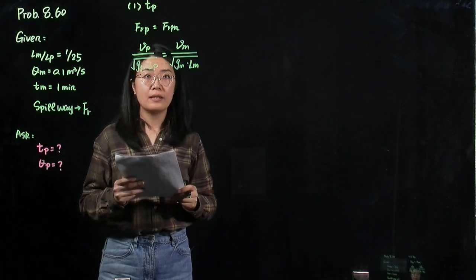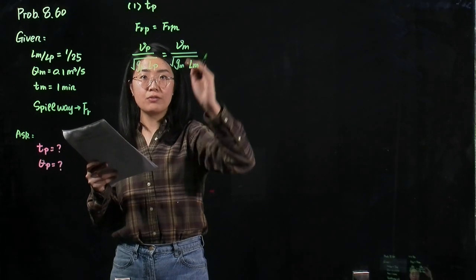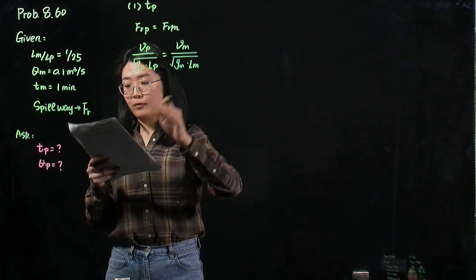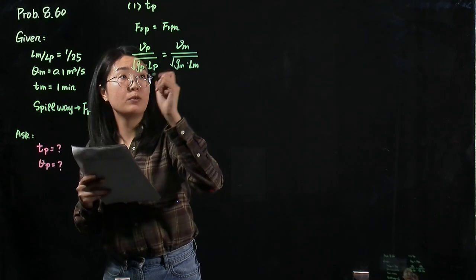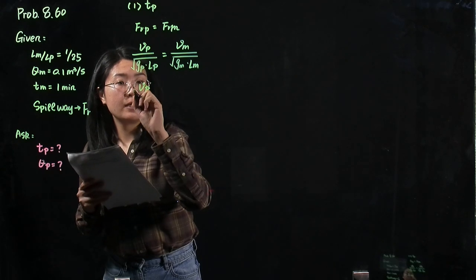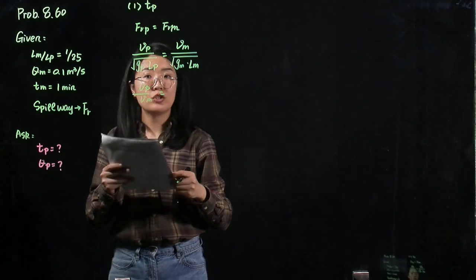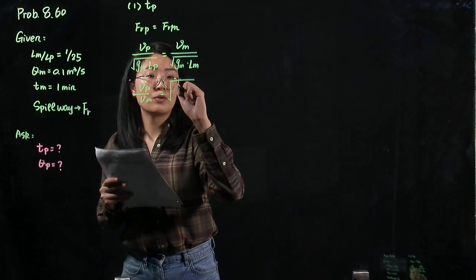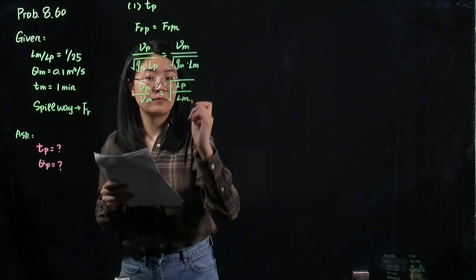Okay, so in this case, we want to find the velocity ratio, right? And the acceleration should be kept the same. And then we can know that if we put Vm on the left hand side, the ratio Vp over Vm should equal the square root of Lp divided by Lm.